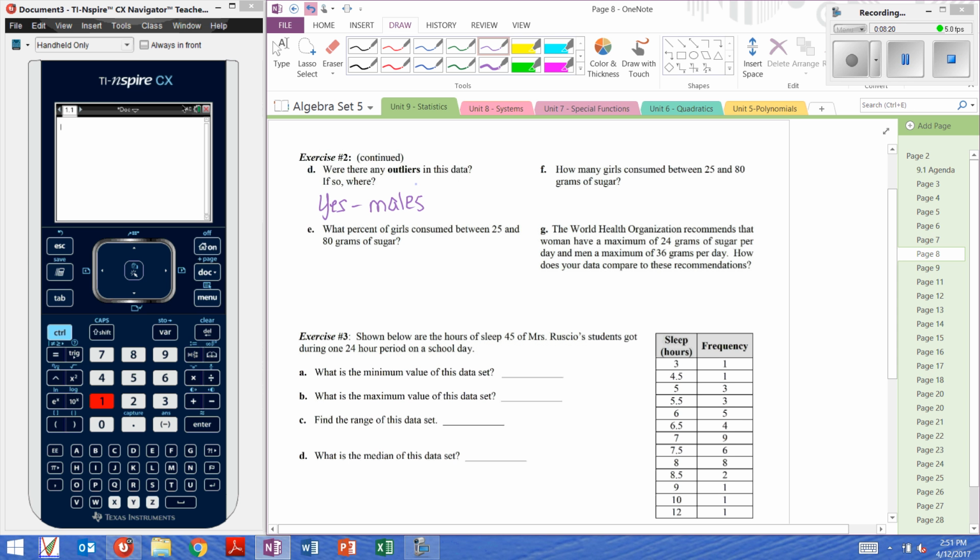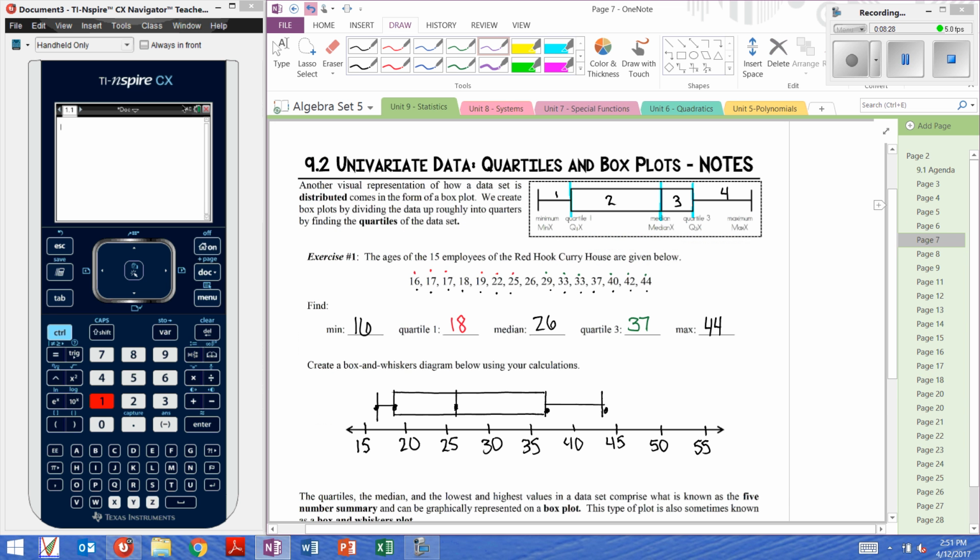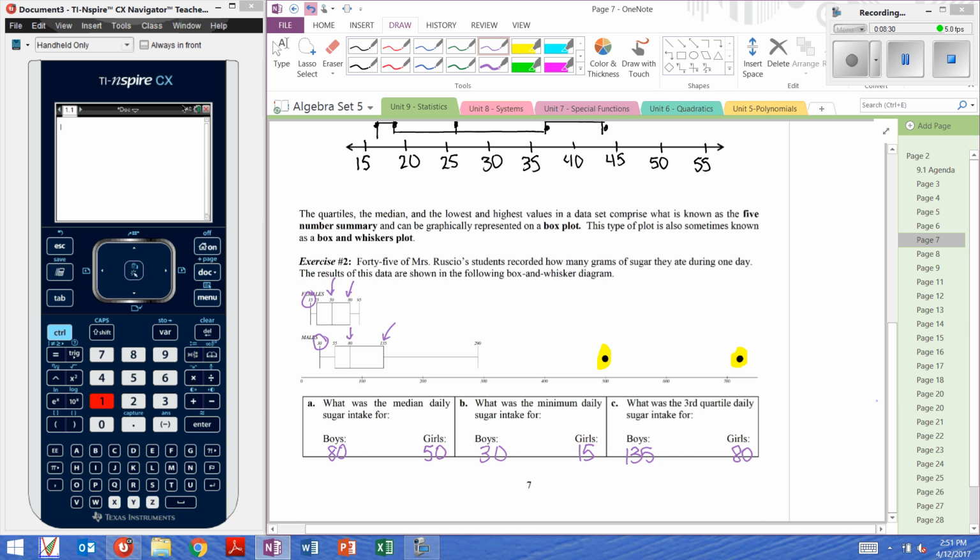And E says, what percent of girls consumed between 25 and 80 grams of sugar? Okay, so let's go back to the box plot. So we're looking at the females, and it is asking between 25 and 80. So that is quartile 1 to quartile 3.